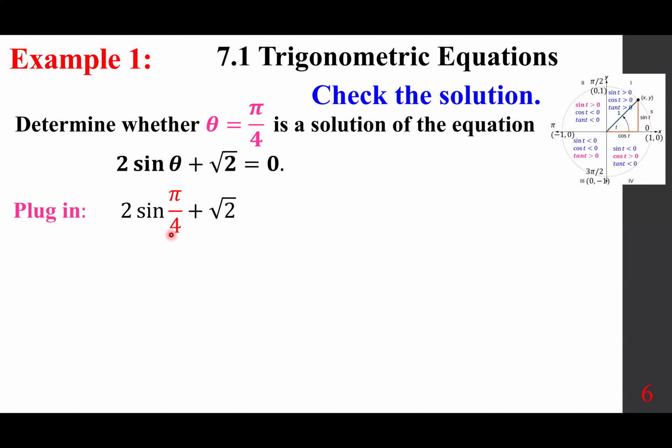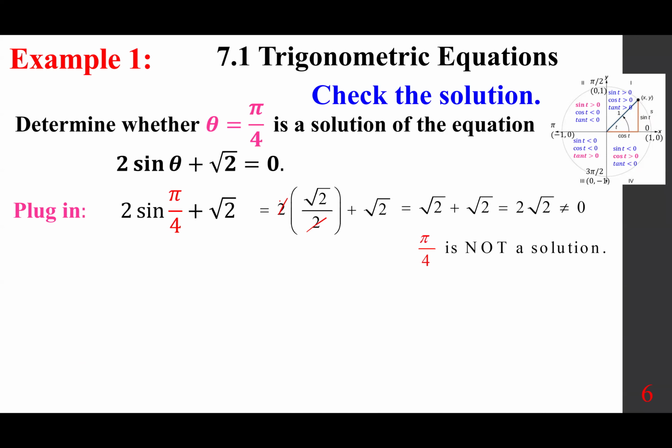Now, sine of pi over 4 is one of those common arcs. We should know it's square root of 2 over 2. These two cancel each other. We get 2 square root of 2. It is not equal to 0. Pi over 4 is not a solution, just as we did in algebra.